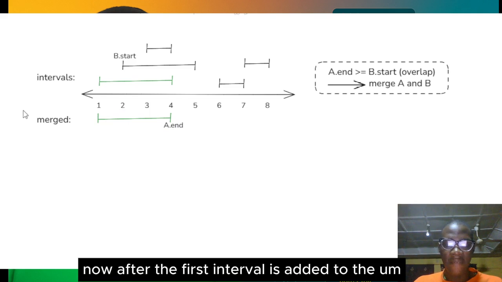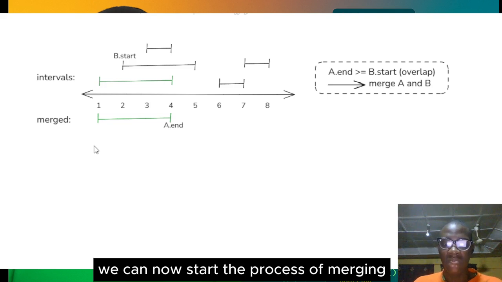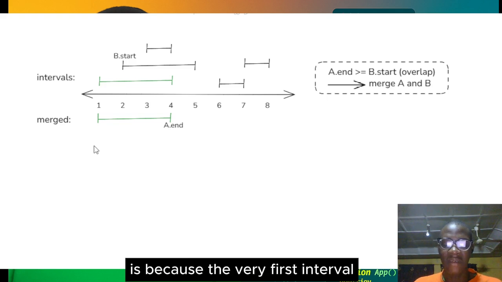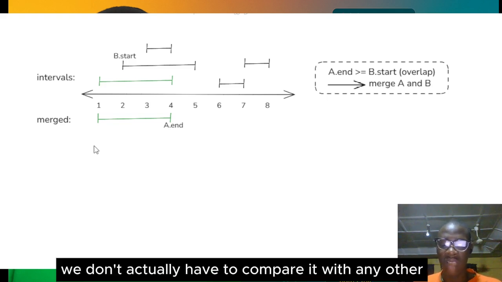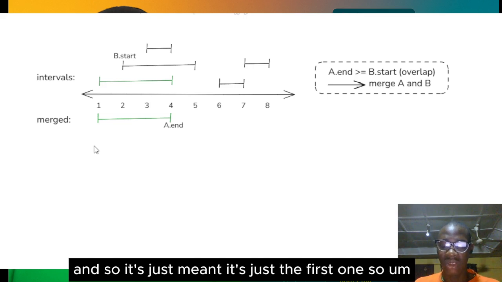Now after the first interval is added to the merged array, we can start the process of merging. The very first interval does not contain any overlap, so we don't actually have to compare it with any other interval because the merge is still empty for now, and so it's just the first one.